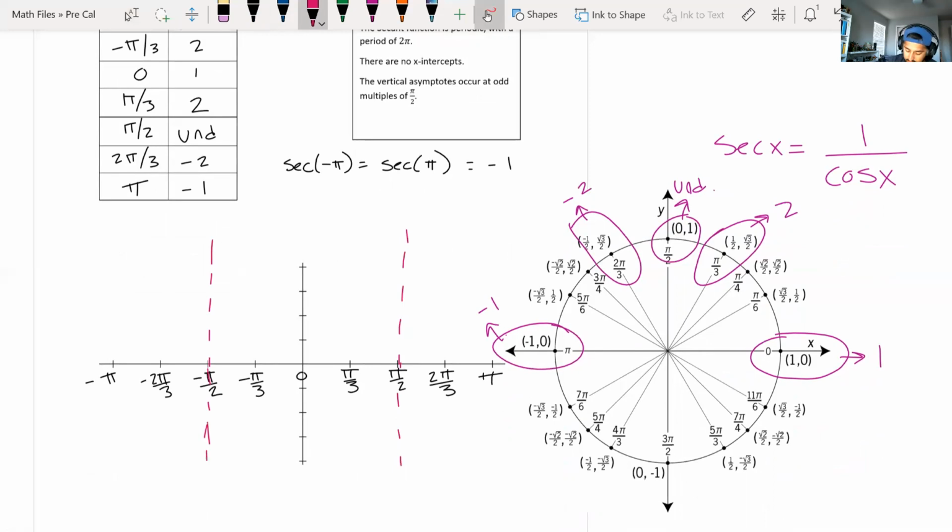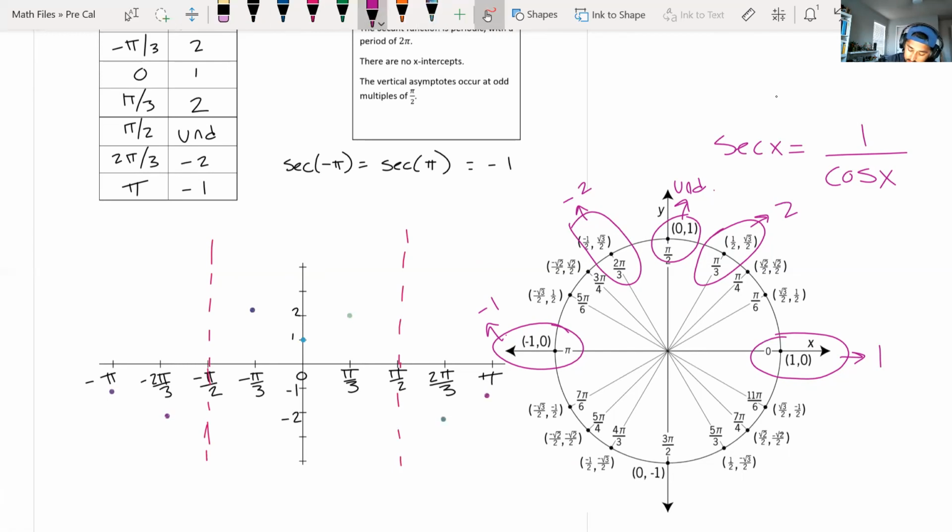And now we can plot our points. So I have -pi, actually, whoops. We go up to 2 and then down to 2. And then at -pi, we're at -1. And then -2. And then I'm at 2, 1, 2. And then again back at -2 and -1.